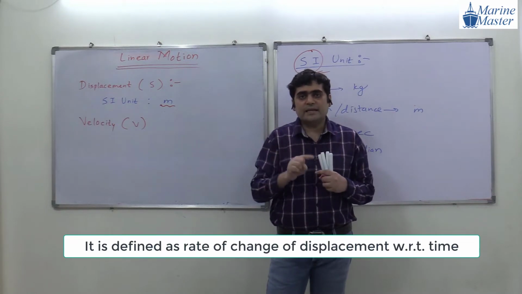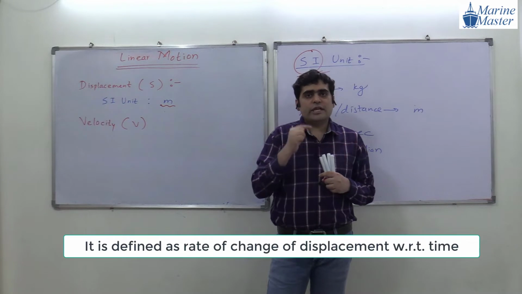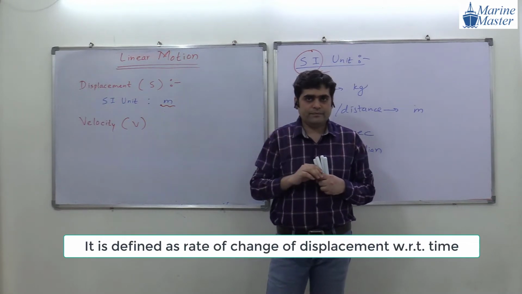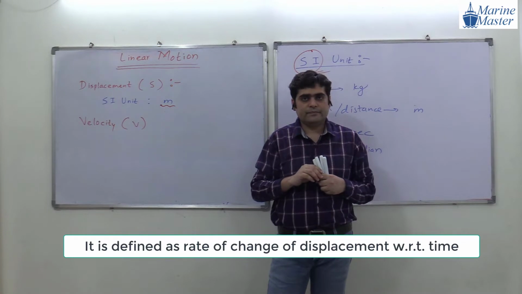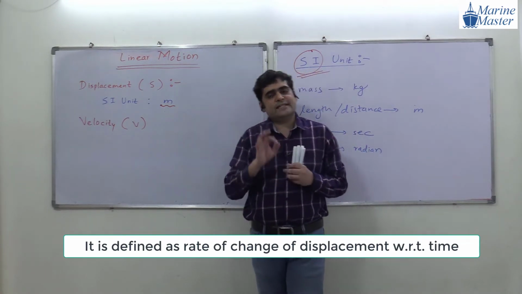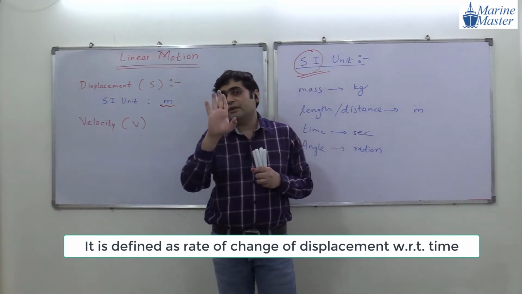It is defined as rate of change of displacement with respect to time. Okay, everyone completed? So what is meant by velocity, guys? It is defined as rate of change of displacement with respect to time.